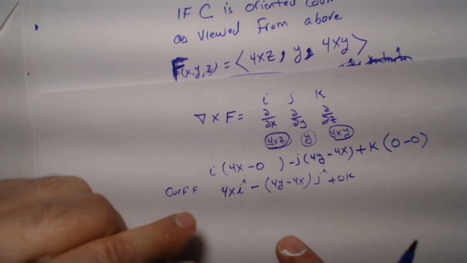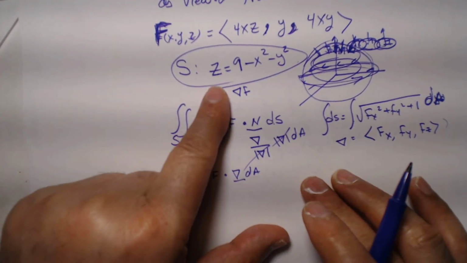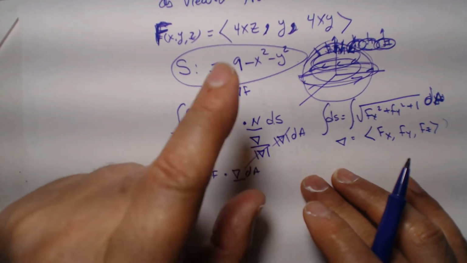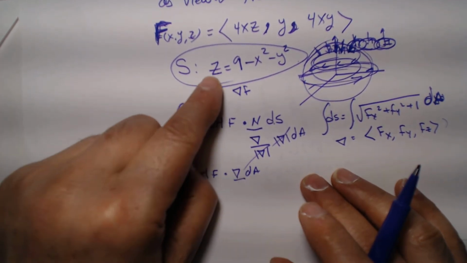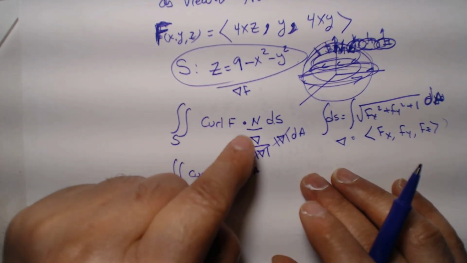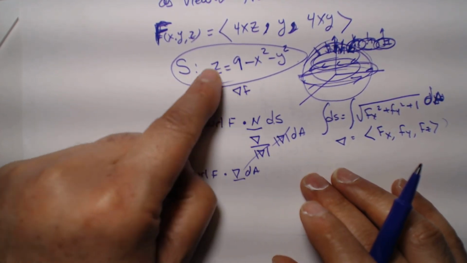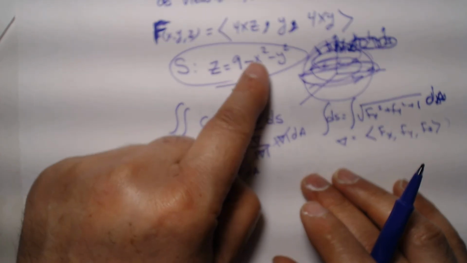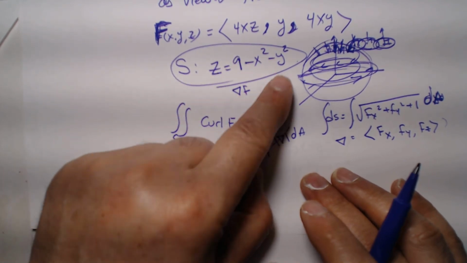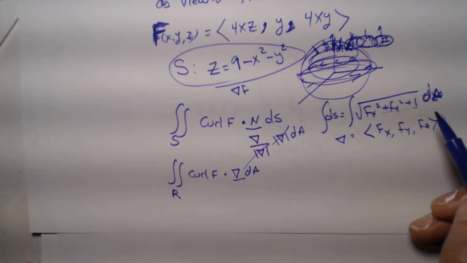For the gradient, because you have to be in 3D, you have to write your z. You have to write a function of 3 variables. Sometimes it depends which one you bring to one side, but to me it doesn't matter if you bring the x squared, y squared, and 9 to this side or take the z to the other side, because eventually you have to square those numbers for the arc length.